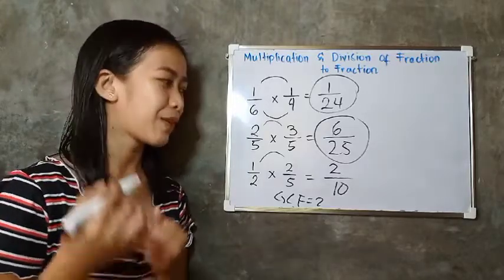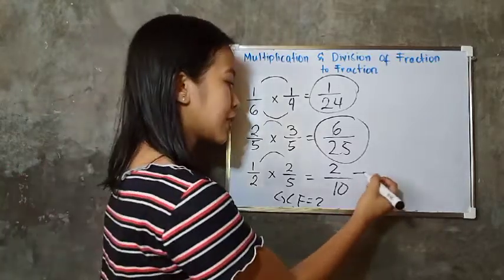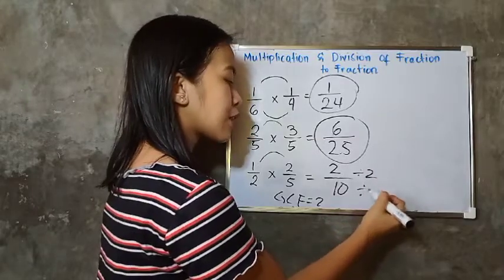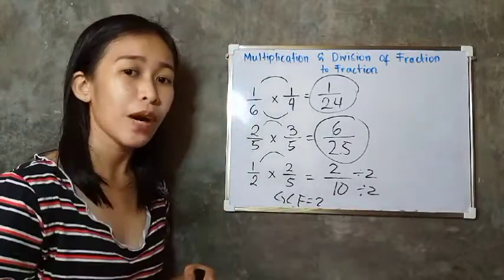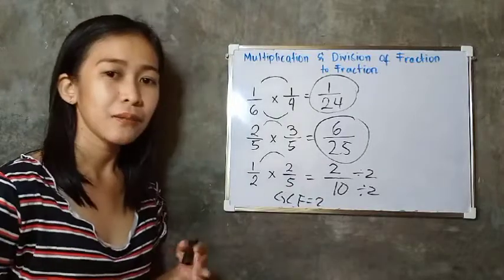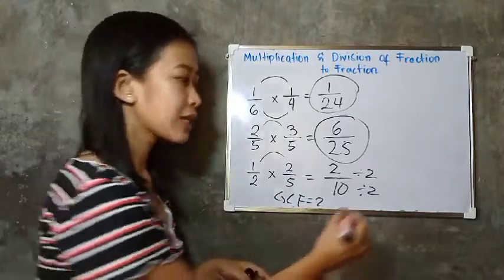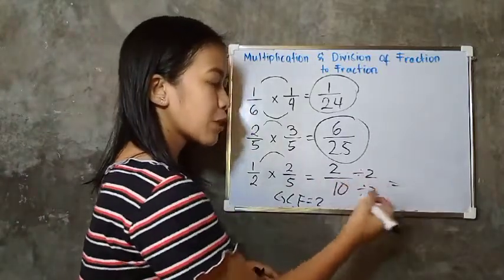But that is a different topic, okay? So, we have our GCF as 2. Then, what we are going to do is divide both sides by 2. Alright? So, we have 2 divided by 2 is 1.